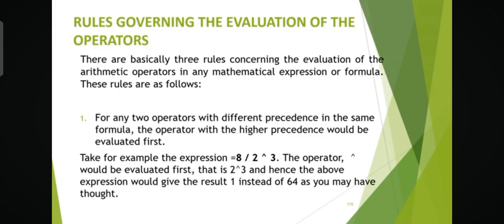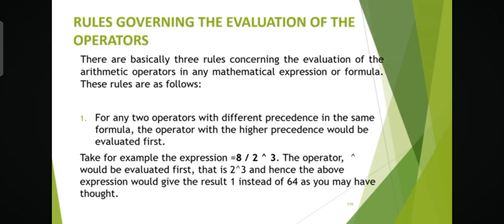So for example, let's say we have this expression: 8 divided by 2 raised to the power 3. We have two operators in there, division and exponent. Division is not higher in precedence than exponent, so exponents will be given precedence in terms of operating.